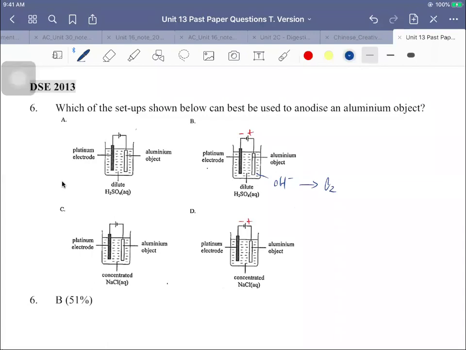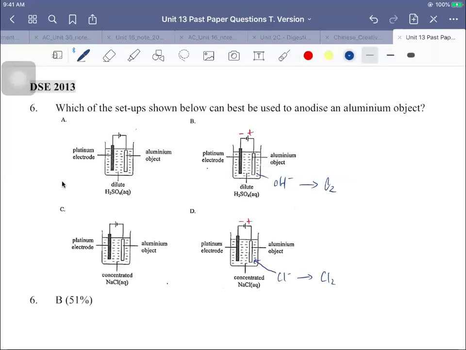But if we change to use concentrated sodium chloride, since it's concentrated, a lot of chloride ion will be found in the solution, and those chloride ions again would be attracted to the positive electrode. Because negative would like to stay with positive, it will go to the place near the aluminum object, and this chloride ion will turn into chlorine gas.